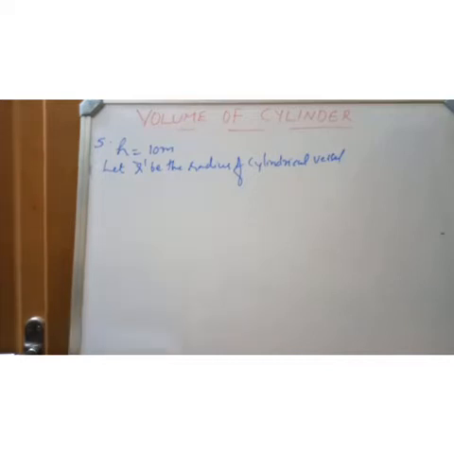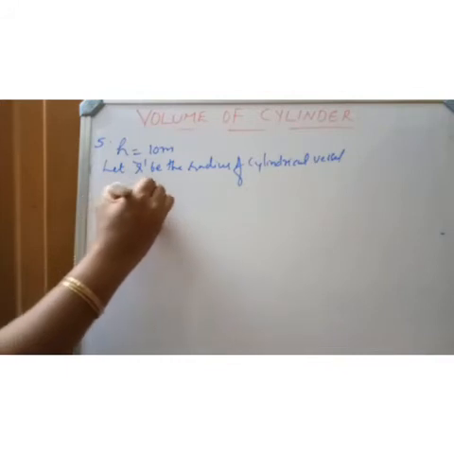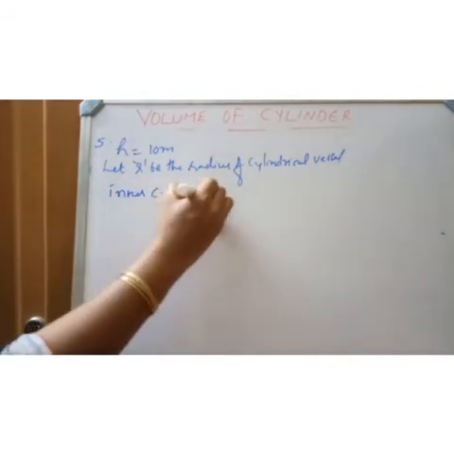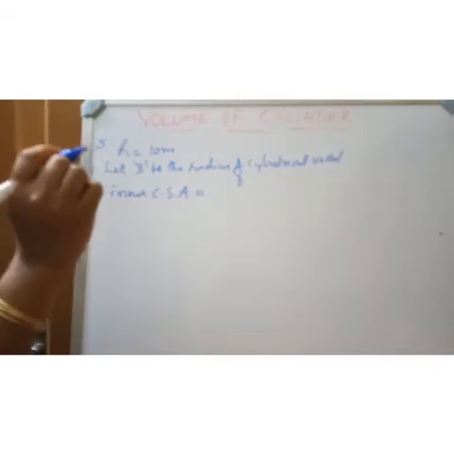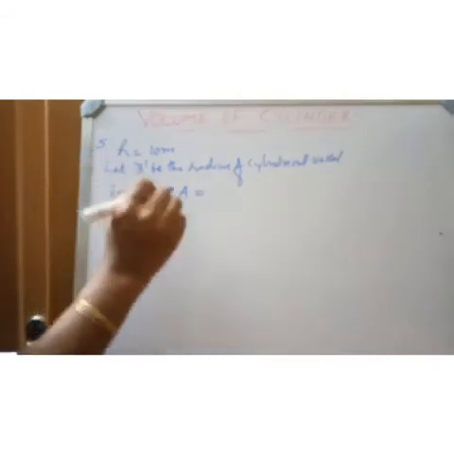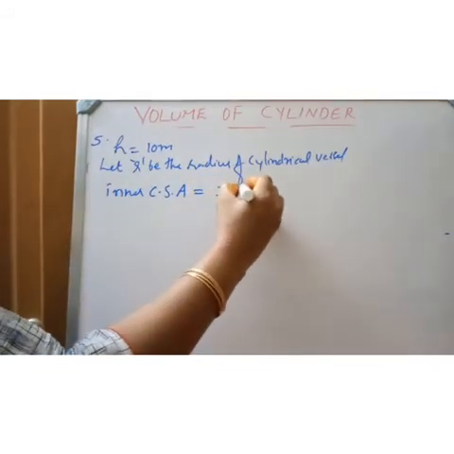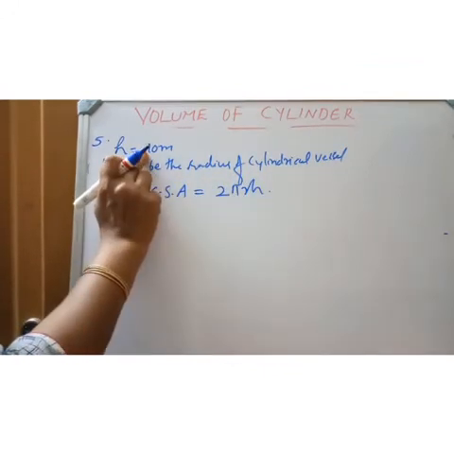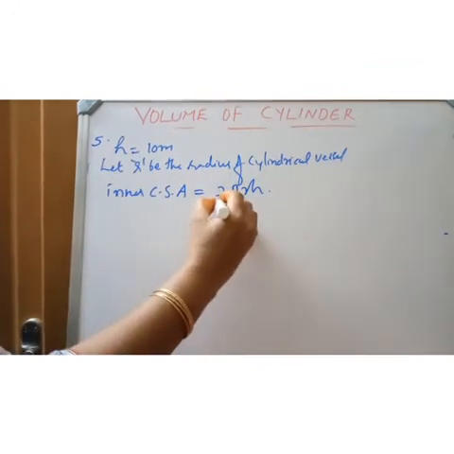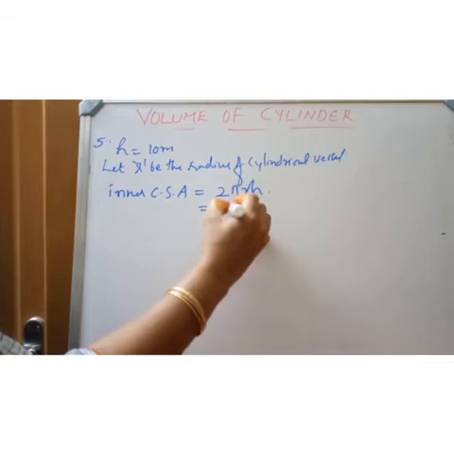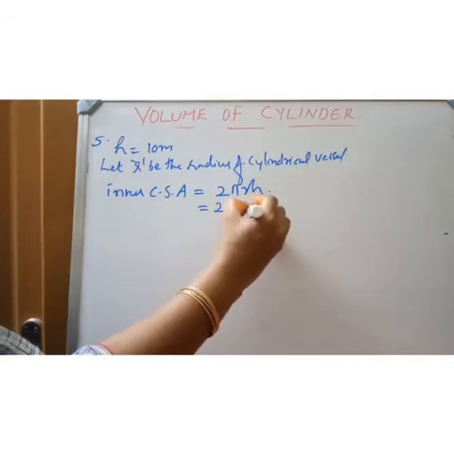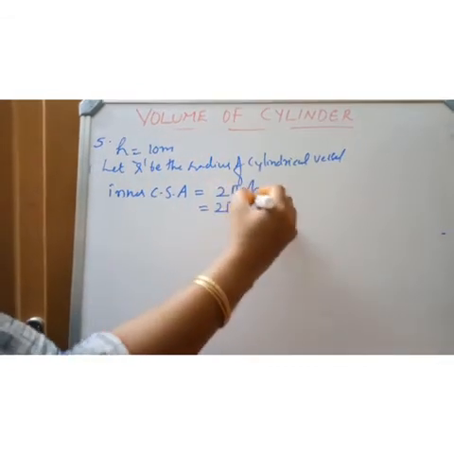Therefore, inner curved surface area, inner CSA equal to, what is the curved surface area of a cylinder? 2 pi rh. So write 2 pi rh. We have the h value as 10. So substitute here 2 pi r, we don't know r, h is 10.